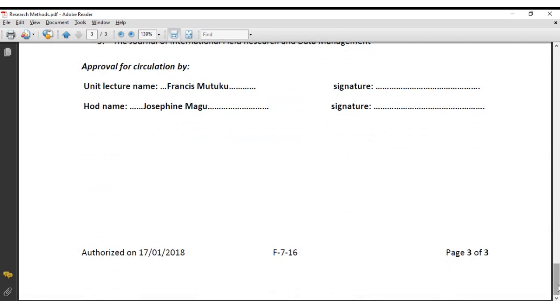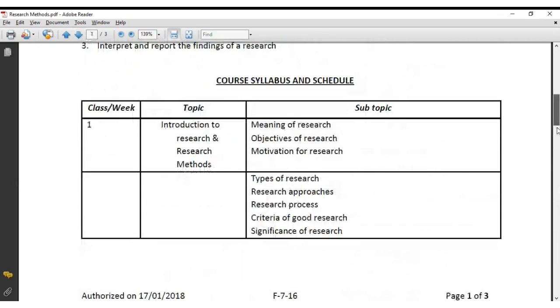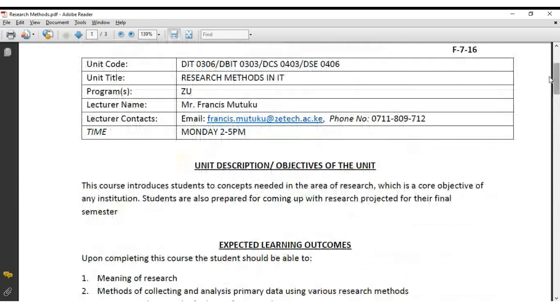So that is it for the course outline. Again, remember that these contacts are open always. So anytime you want to send an official thing, like an assignment or something that I tell you to send through my email, remember this email.